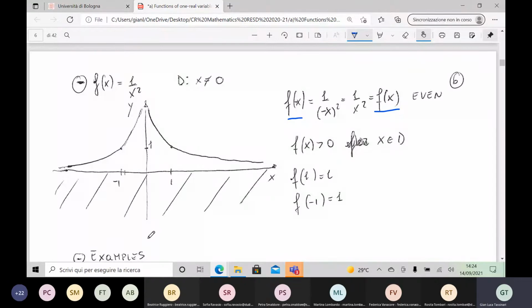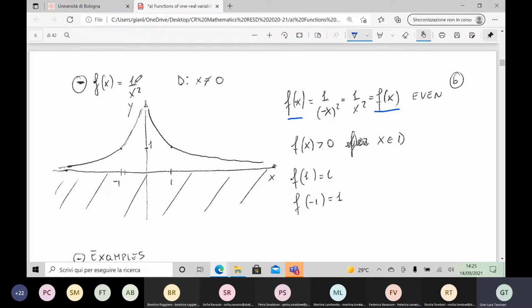Okay? Now, an observation before going on. Which is the sign of this function? The numerator is always positive. The denominator is always greater or equal than 0, but in particular, we require that x is different from 0. So the denominator, since it is a square and x, the base, is always different from 0, is strictly positive.